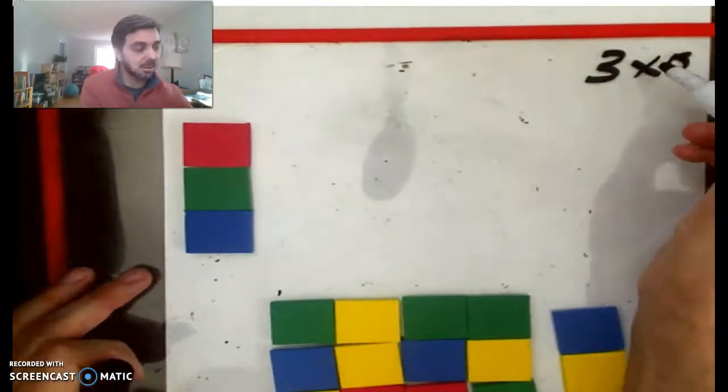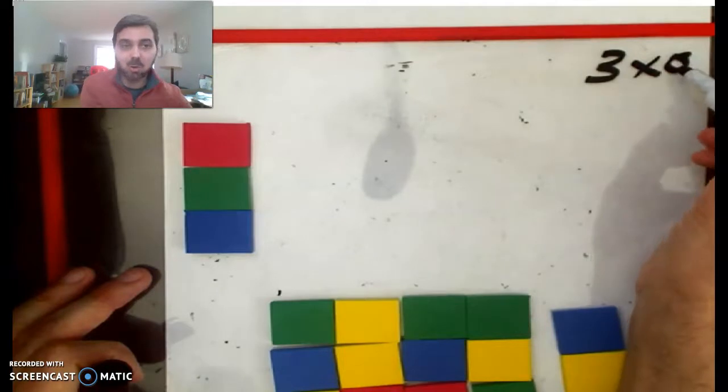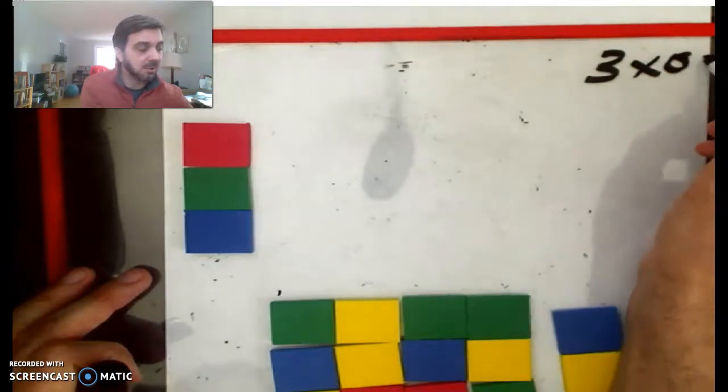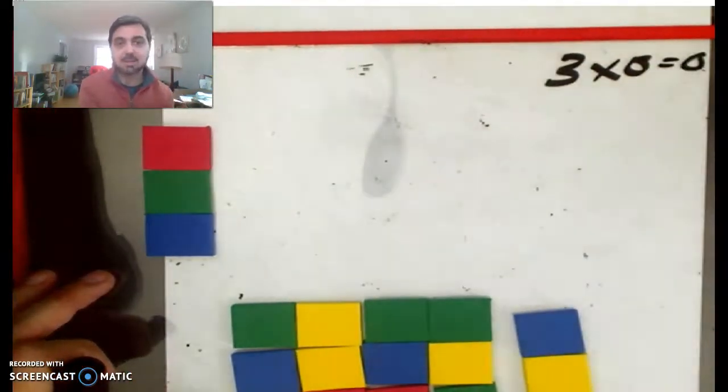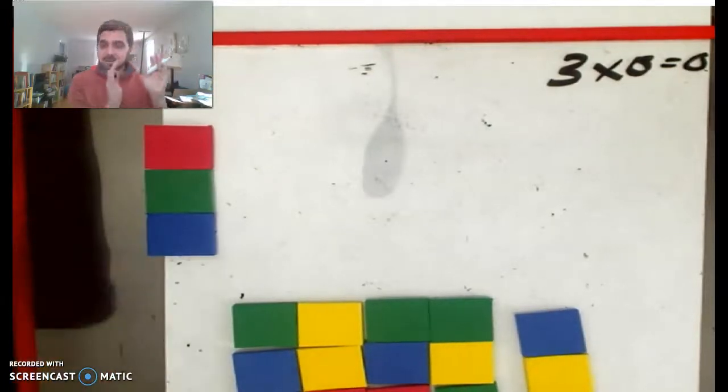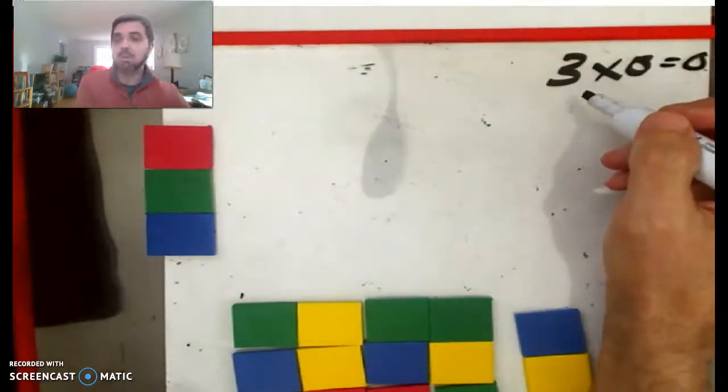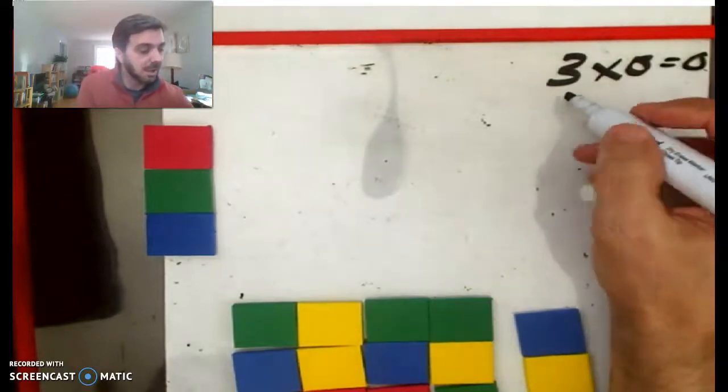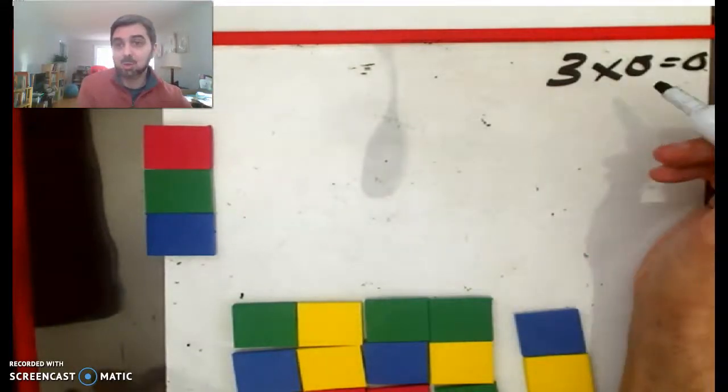That's the first whole number. 3 times 0 would give you 0. So 0 is a multiple of 3. So 0 is a multiple of all numbers because anything times 0 gives you 0, okay?